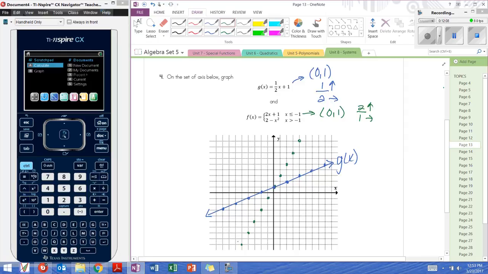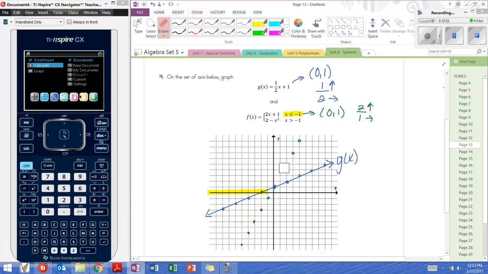And one thing that you should notice now, before we graph the whole thing, we could connect them with a straight line. But what I'm noticing right now is that my domain is restricted for x is smaller than or equal to -1. So I only care about all of those values.